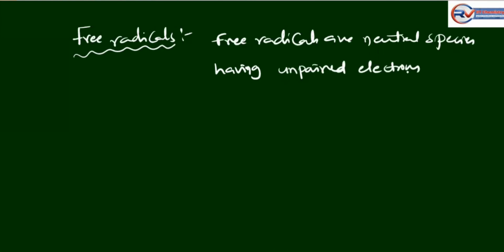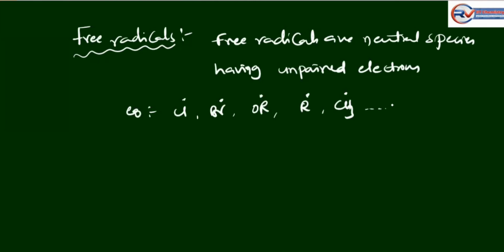Examples: chlorine free radical, bromine free radical, alkoxy OR free radical, alkyl free radical and methyl free radical.